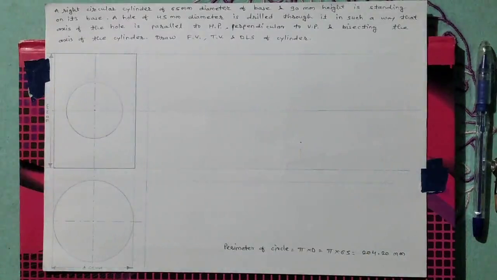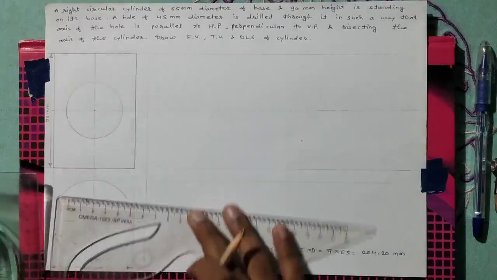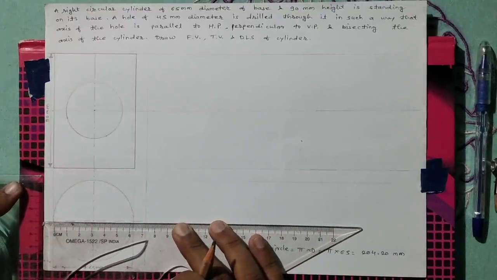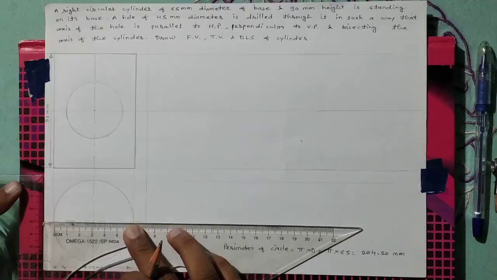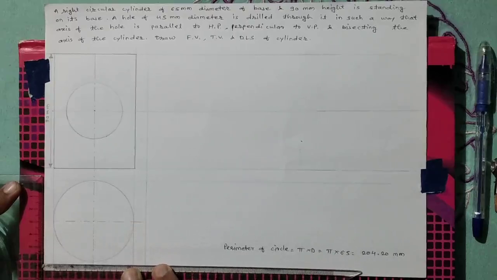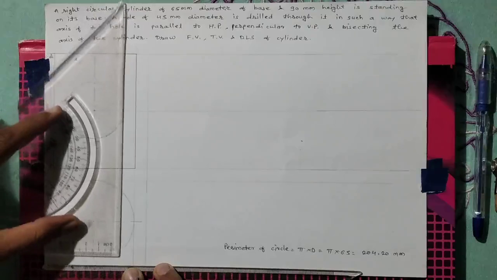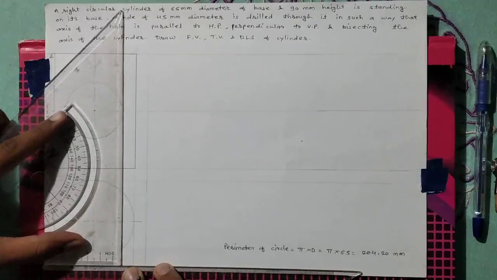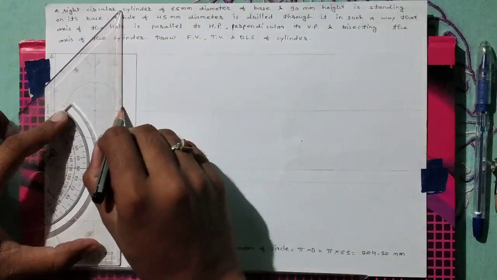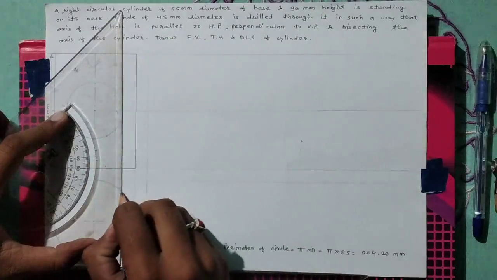After that, take the dimensions of the circle in the top view. For taking the projections we can use a drafter also. We have used a set square here. We are taking this projection of the circular hole in the top view, and here will be this dotted line.